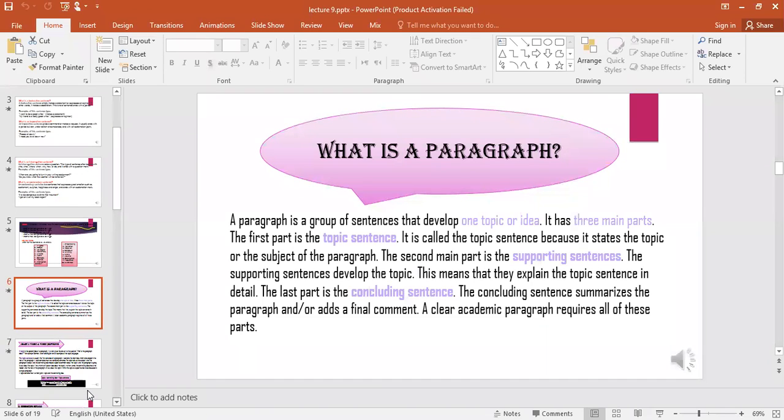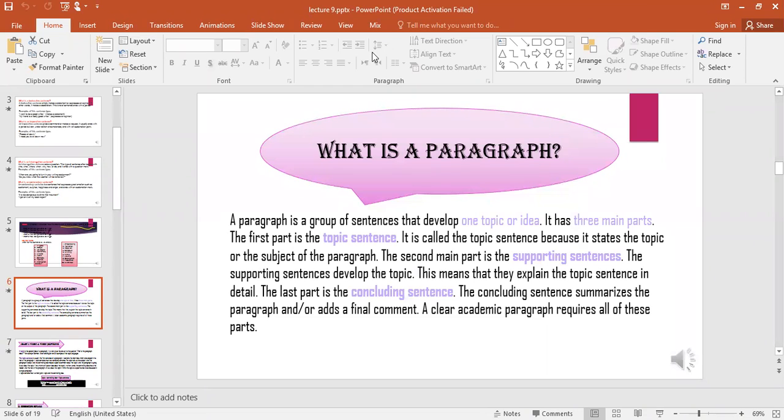We have also explained a lesson about paragraph writing. We have said that a paragraph is a group of sentences and it's made up of three parts: the topic sentence, the supporting sentences, and the concluding sentence.